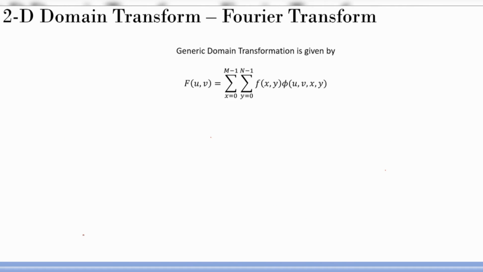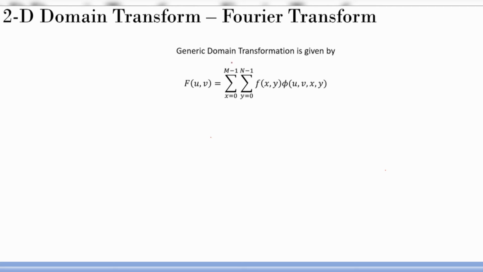Let's move on and define one of the most standard 2D transforms, which is the Fourier transform. But before going to that, I would like to have a generic mathematical equation representing the domain transform.